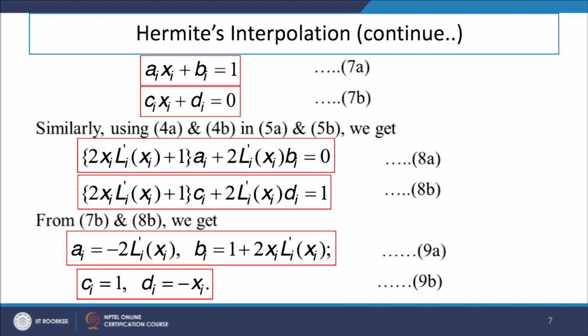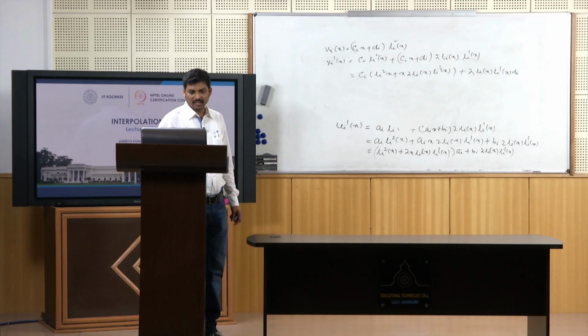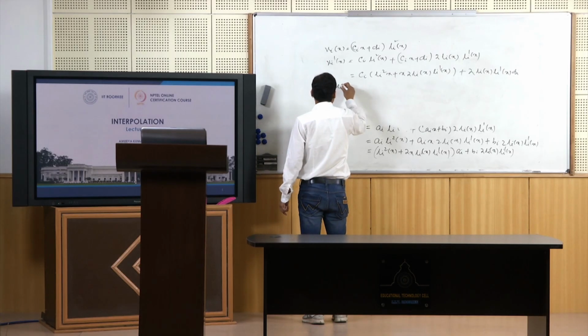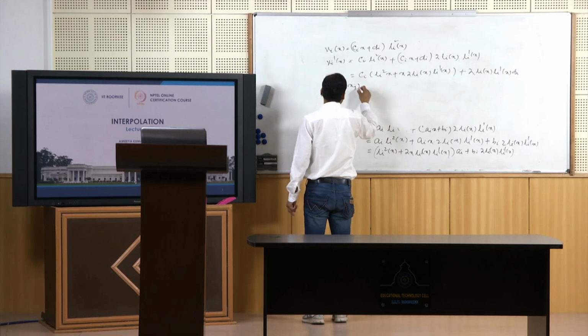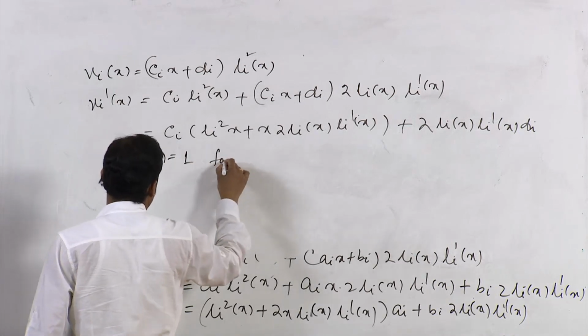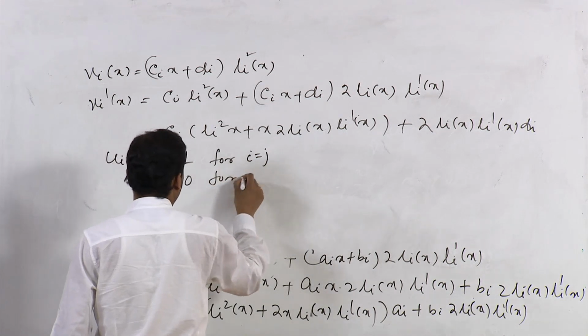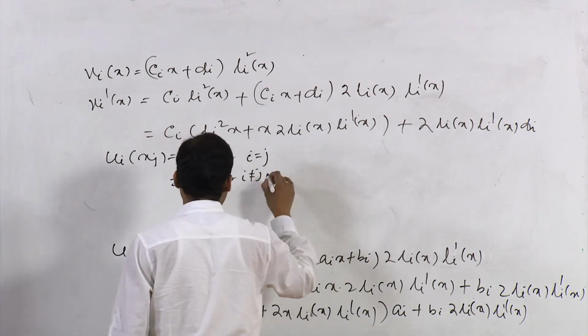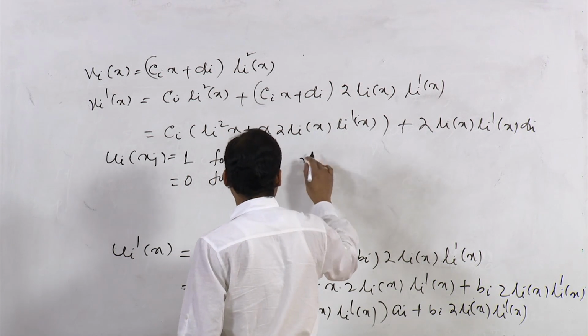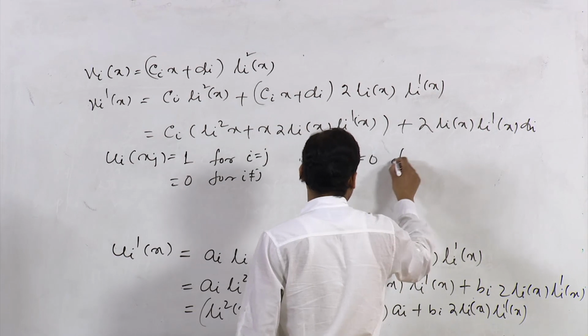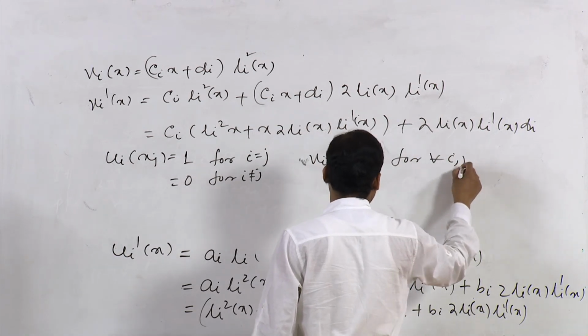So, if we put the values here, this means that using equations 3a and 3b, as the conditions I have already written, ui of xj equals 1 for i equals j, and equals 0 for i not equal to j, and vi of xj equals 0 for all i, j here.